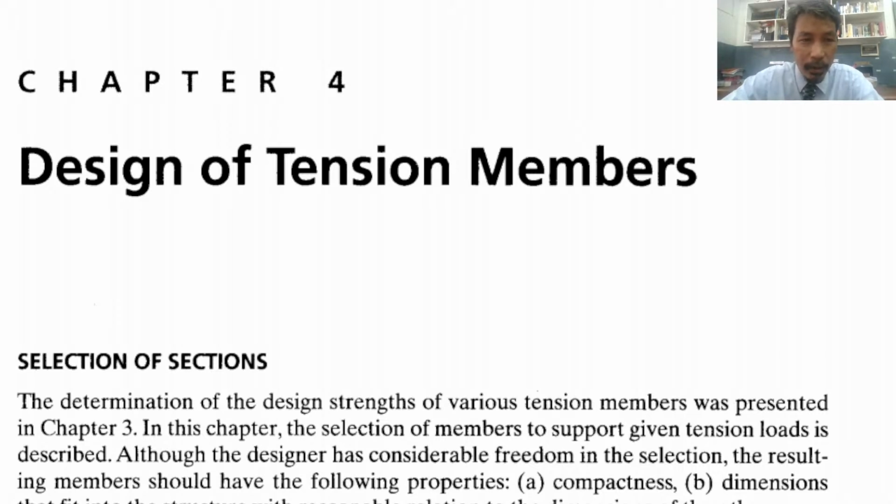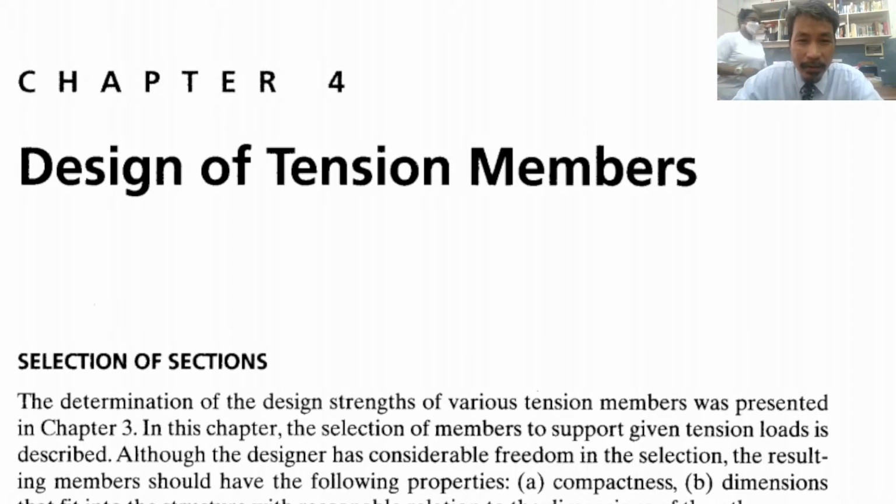If you can notice, the title of chapter 3 is Analysis of Tension Member. In this chapter, it is similar with that chapter because we will be using the same equation, the same concept. However, the solution would be reverse.